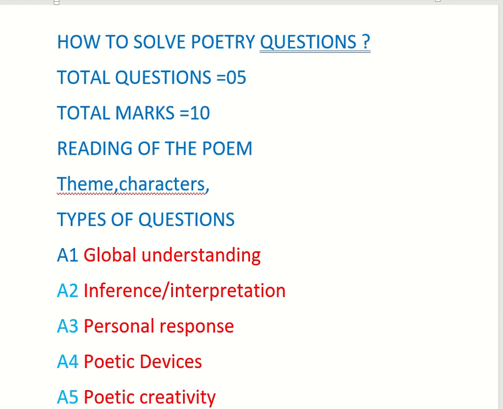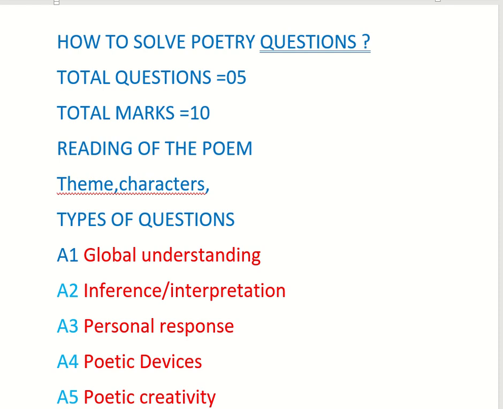Why? Because if any poem comes in the exam, after reading that extract, those stanzas, you should know from which poem this extract has come. And that's why careful reading is very important.